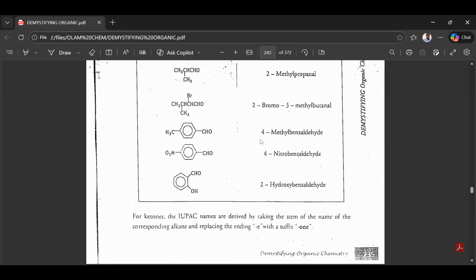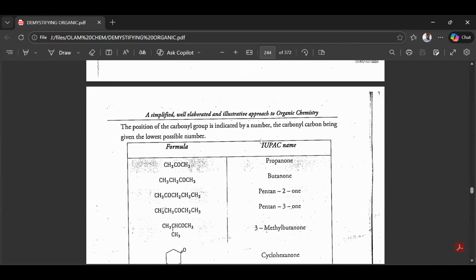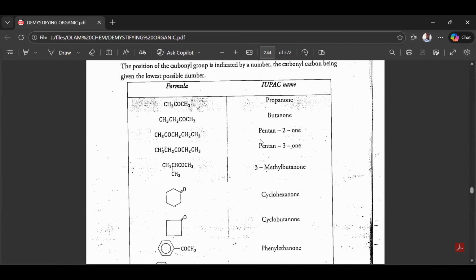So that's how we do it. In the isomers we are going to be creating, you should be able to give names to those isomers of aldehydes, of those carbonyl compounds you are going to write. So make sure you can easily name them. You shouldn't find it hard when it comes to nomenclature of aldehydes.